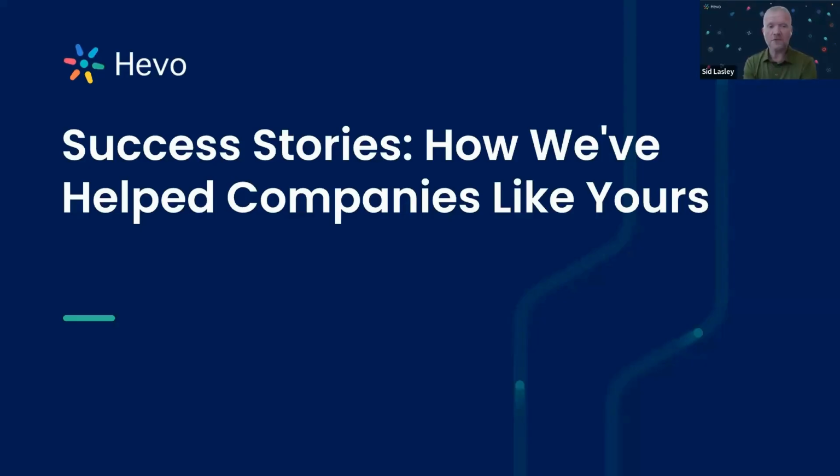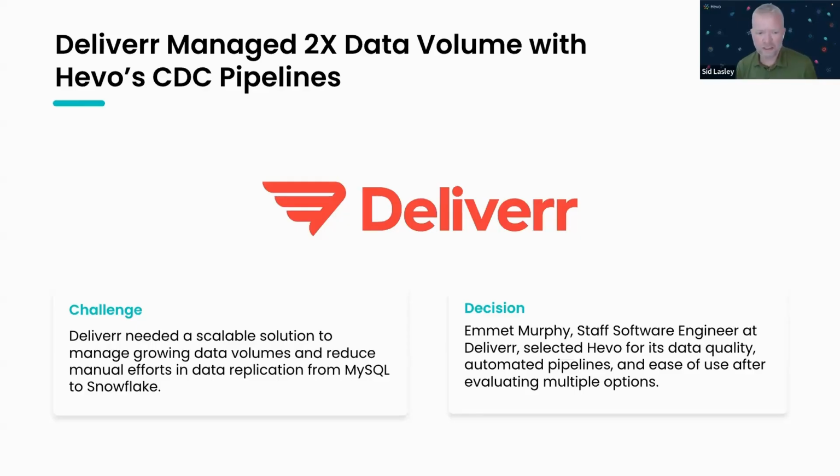Now, we've helped a lot of organizations with their challenges around change data capture and managing large data in their environment. Deliver is an e-commerce fulfillment organization for organizations like eBay, Amazon, Walmart, Shopify. You can just imagine the data volumes that they have.